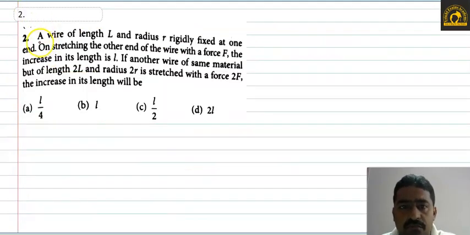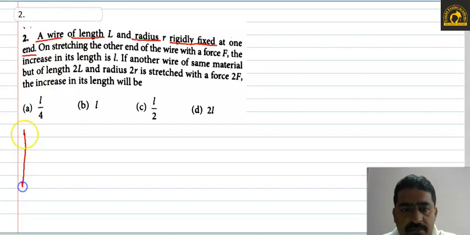Move to the next question. A wire of length L and radius R is rigidly fixed at one end. On stretching the other end of the wire with a force F, the increase in its length is l.